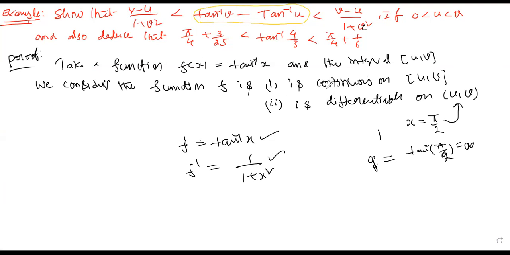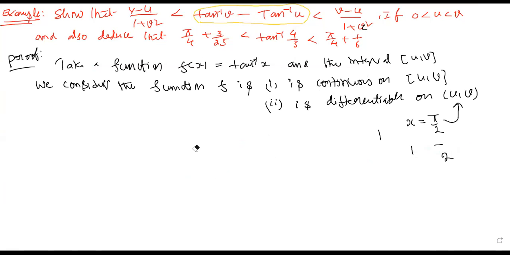That's why we take the function continuous on the closed interval u comma v and differentiable on the open interval u comma v. Tan inverse of x is always defined and continuous, so don't worry. Here it satisfies these two conditions.